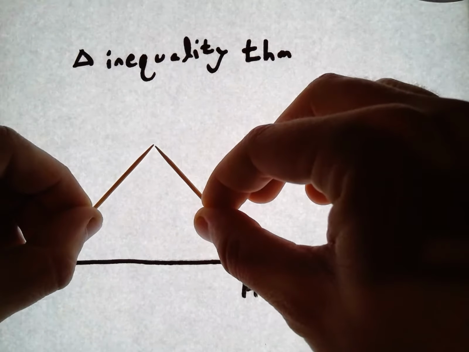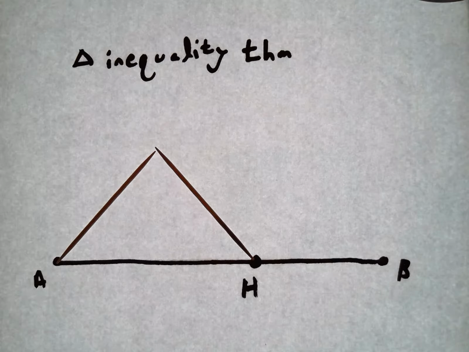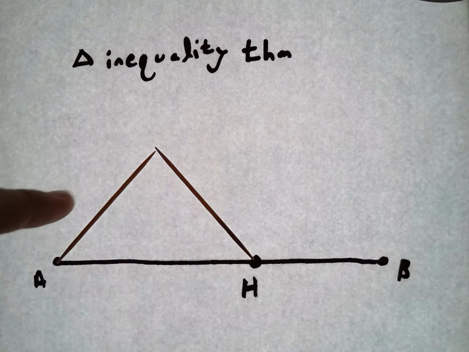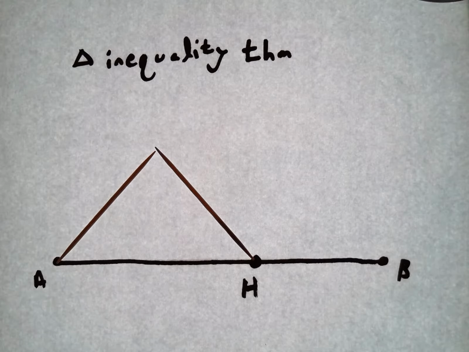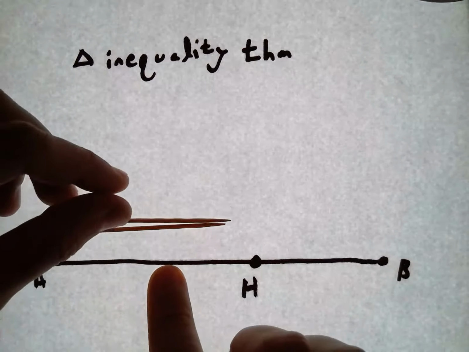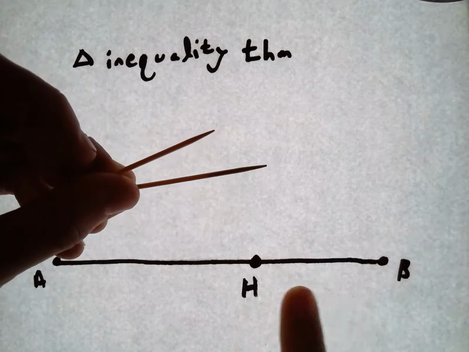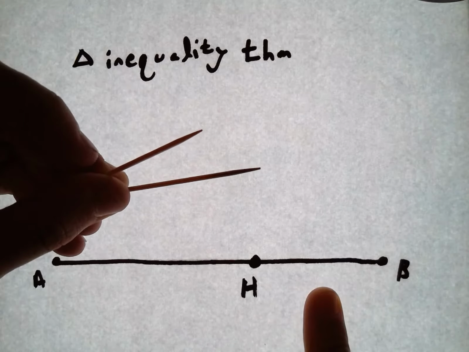Oops, let me not mess it up too much. And here again, I was able to make another triangle with AH and these two toothpicks. So in this case, I had the two toothpicks and line segment AH, and it made a triangle. And before I had the two toothpicks and line segment HB, and I made a triangle.